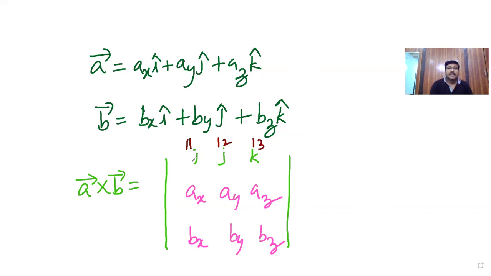The first row is 11, 12, 13. Here is 21, 22, 23. Here 31, 32, 33. Now for the 11th element, this column and this row you have to leave out. Now this and this you have to leave out. And this coefficient is what? AX. And this is AD minus BC, the determinant of these two. Leaving this column and this row, the determinant of AY, AZ, BY, BZ.